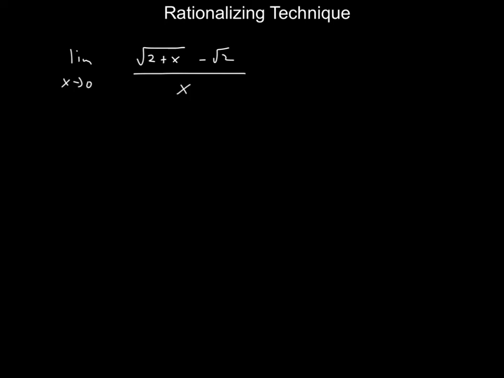You might remember the conjugate is what you get when you change the sign between the two. So in this case, we're going to multiply top and bottom by the square root of 2 plus x plus the square root of 2. When I do this particular problem, I'm not going to really multiply anything in the bottom.